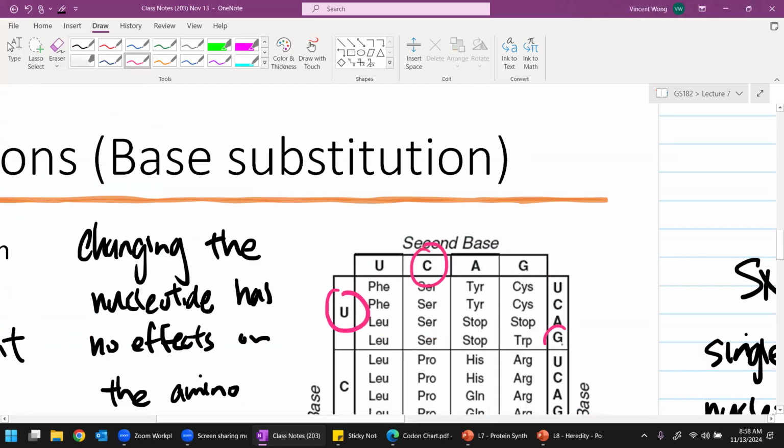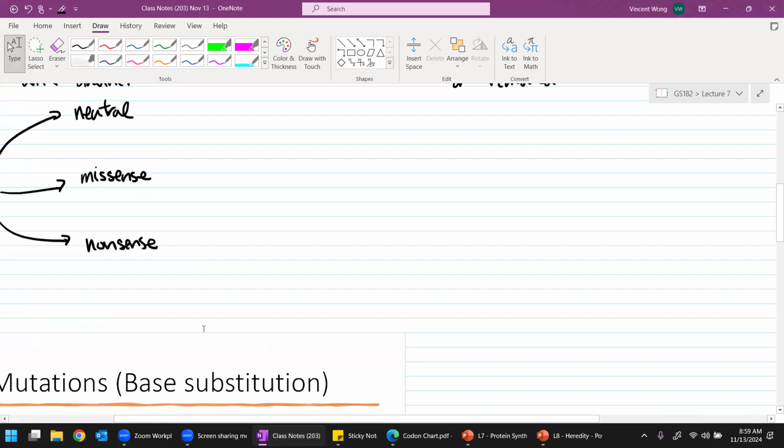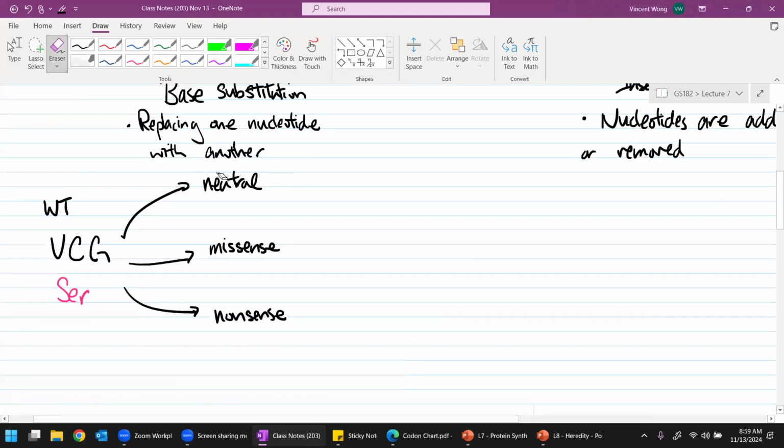That's SER, right? That's the original amino acid. So I'm going to write it here, SER. For a neutral mutation, I need to find another codon that's also going to be SER.